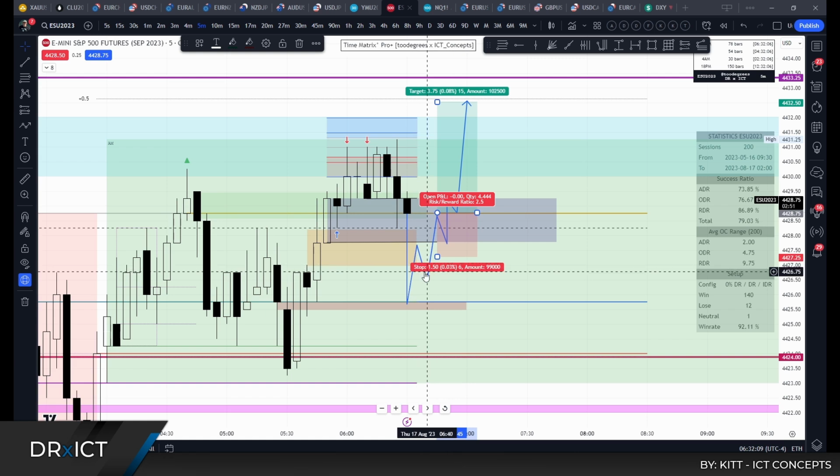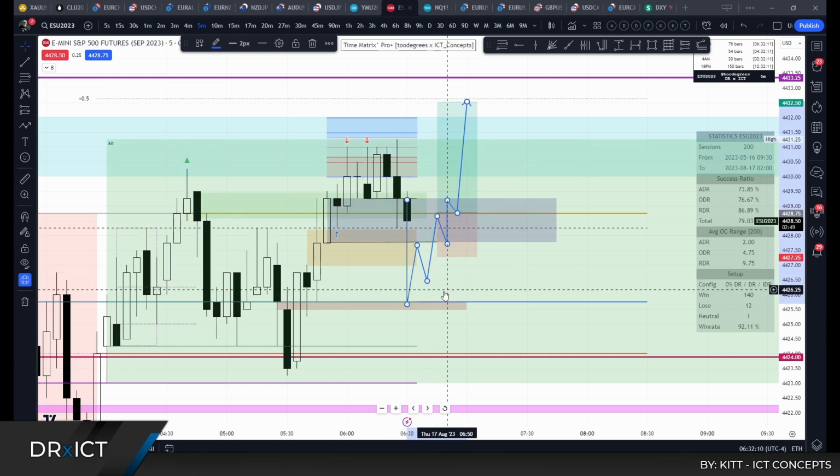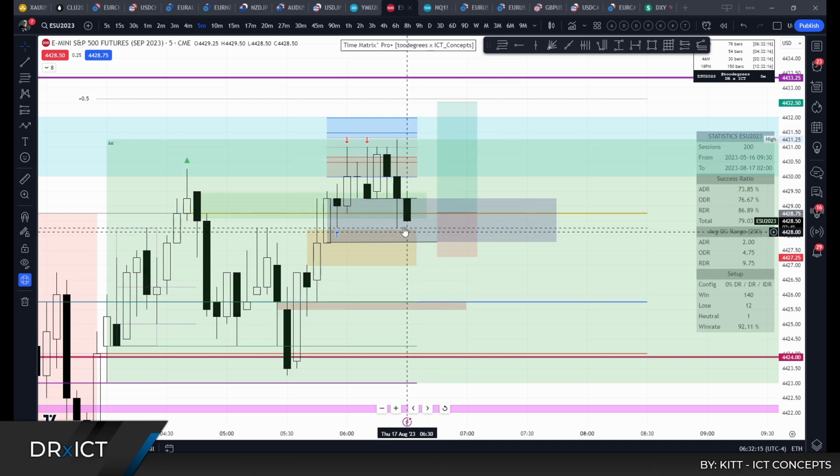It's probably a little off. That's kind of what I'm visualizing from the PD arrays and what we're seeing.